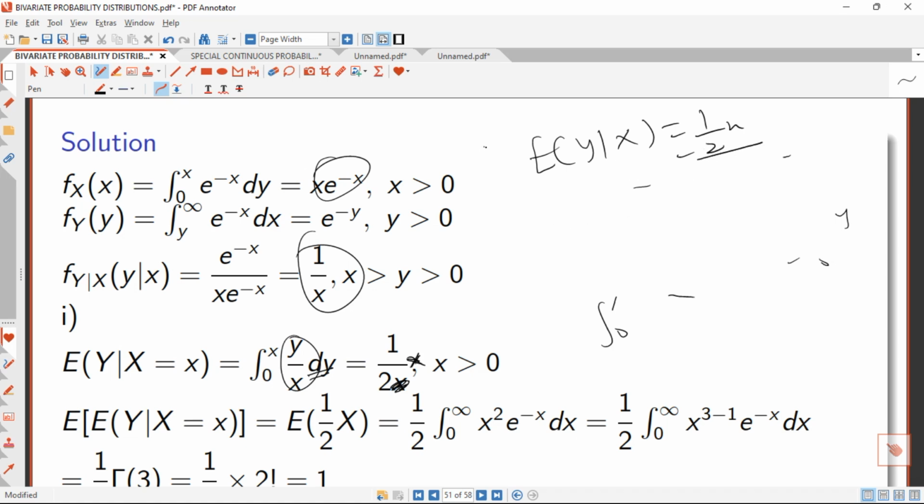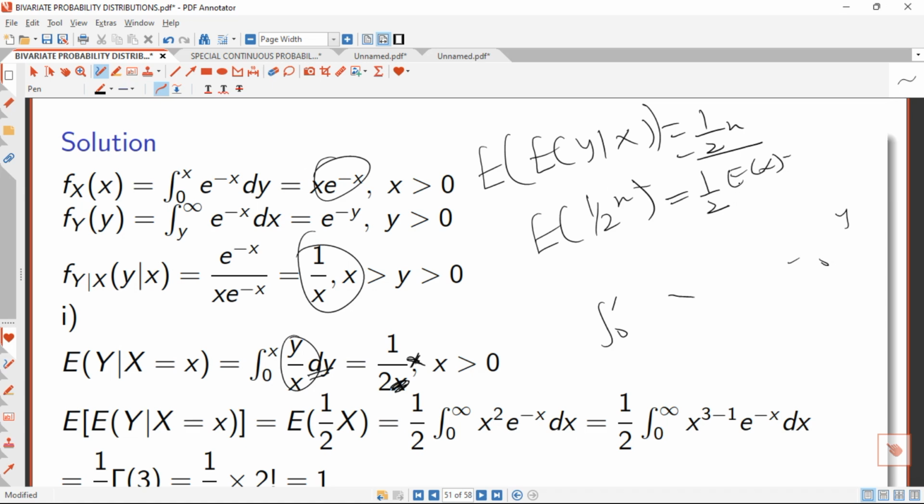So we are going to find the expectation of the conditional expectation of y given x, of which we are going to get the expectation of 1 over 2 times x. This is a univariate case, which is giving us 1 over 2 times the expectation of x.